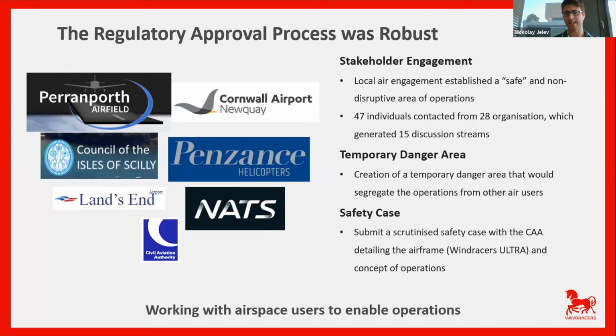And finally, the last thing that you do is you submit a scrutinized safety case to the CAA, who work with you and make sure that your operations are going to be exactly as you say they're going to be and exactly as safe as possible. Those are really the three steps for doing beyond visual line of sight flying at the minute. And this is the process that we followed.